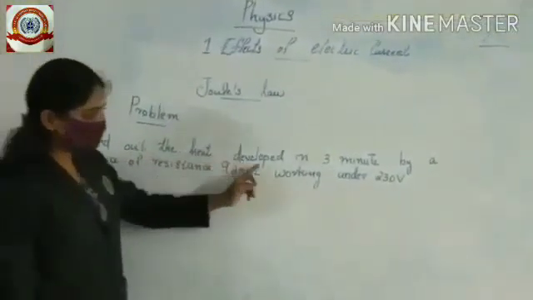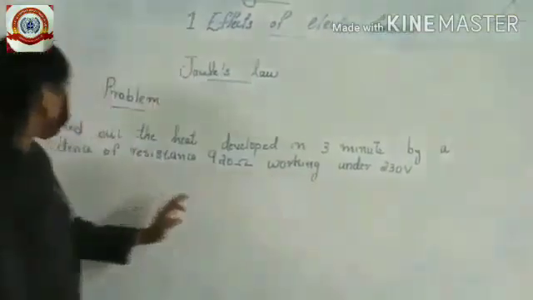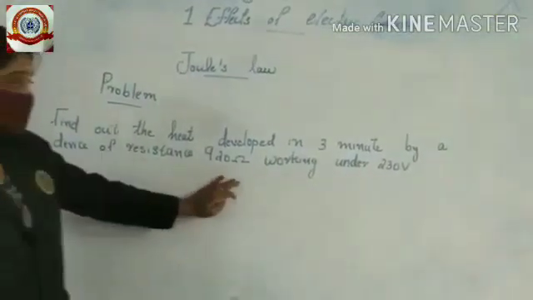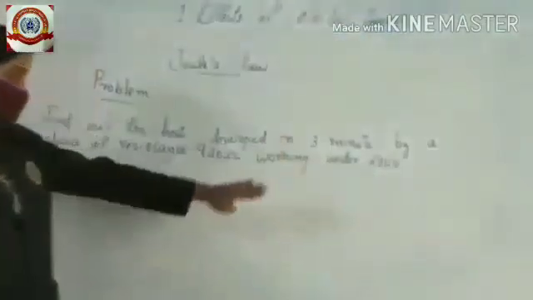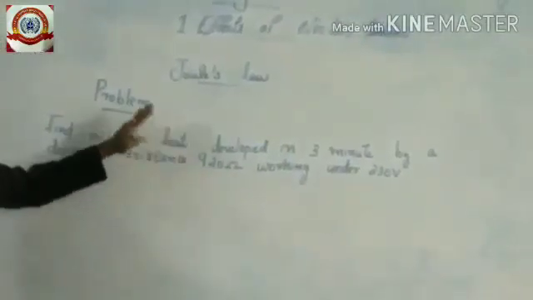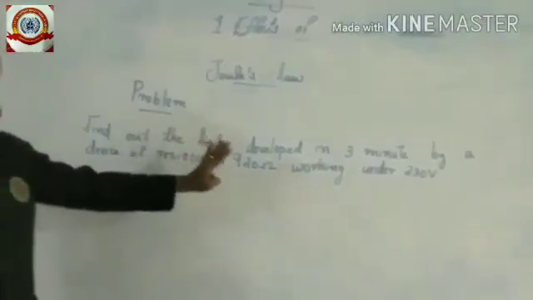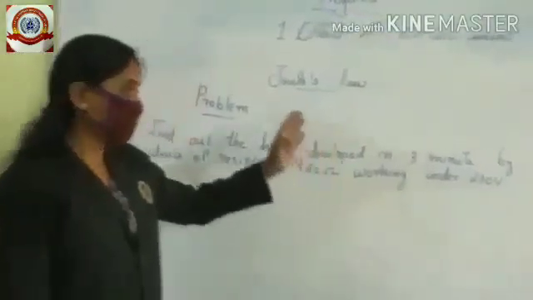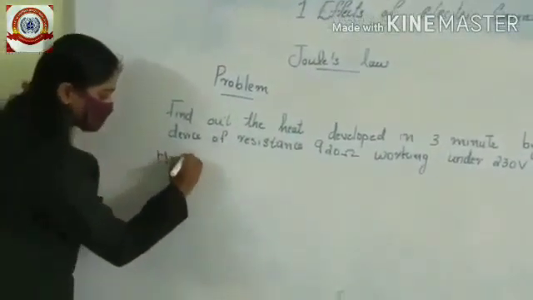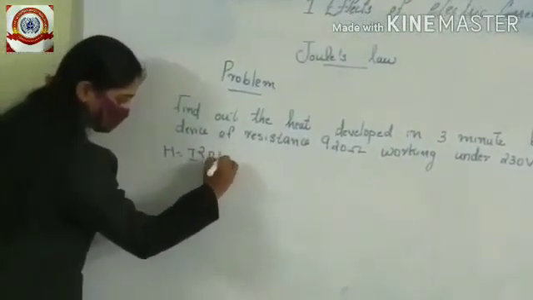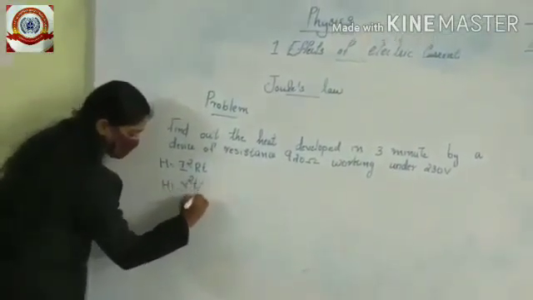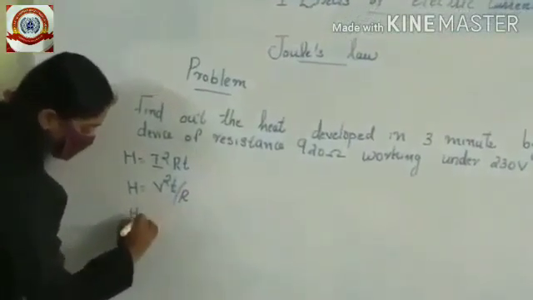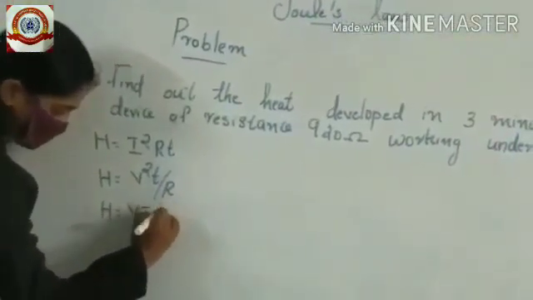Okay. What's the question? Find out the heat developed in 3 minutes by a device of resistance 920 ohm working under 230 volt. So here we have to find heat. Which are the equations for finding heat? Let's write. H equals I square RT. H equals V square T by R and H equals VIT.